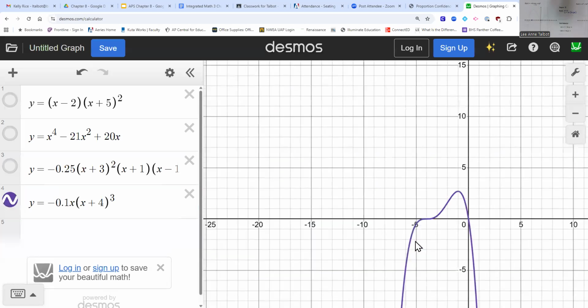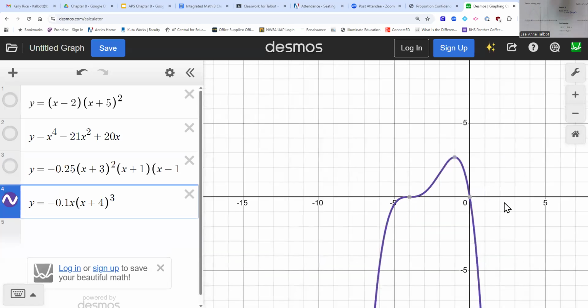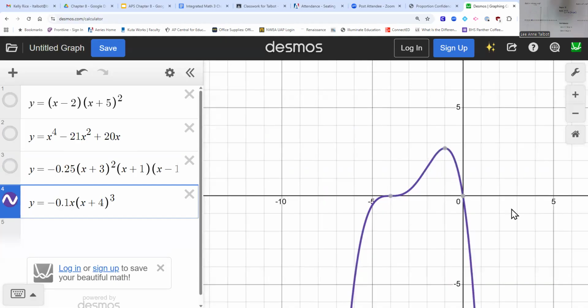Look at this thing. Okay, so you're going to come up from the bottom and you're going to make a flat part at x equals -4, then go up and then come back down through 0. We actually learned the vocab word for this back in chapter 2.